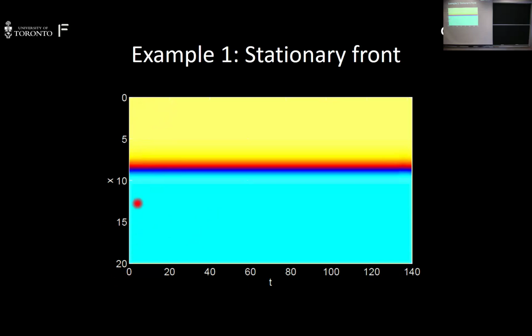So this part of the patch of tissue is just not firing. This part of the patch of tissue is firing, okay? We just have a transition point. So apart from just flat, this is the simplest kind of spatial structure that we can understand from the point of view of building our way up on neural fields.